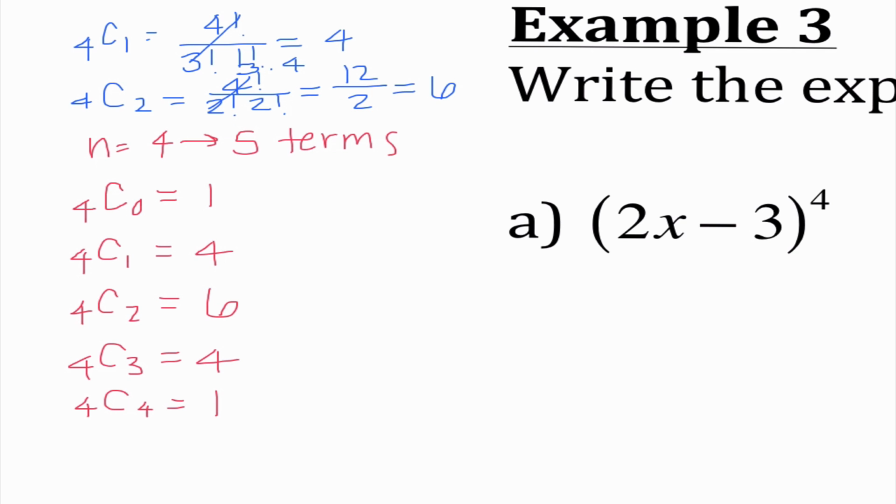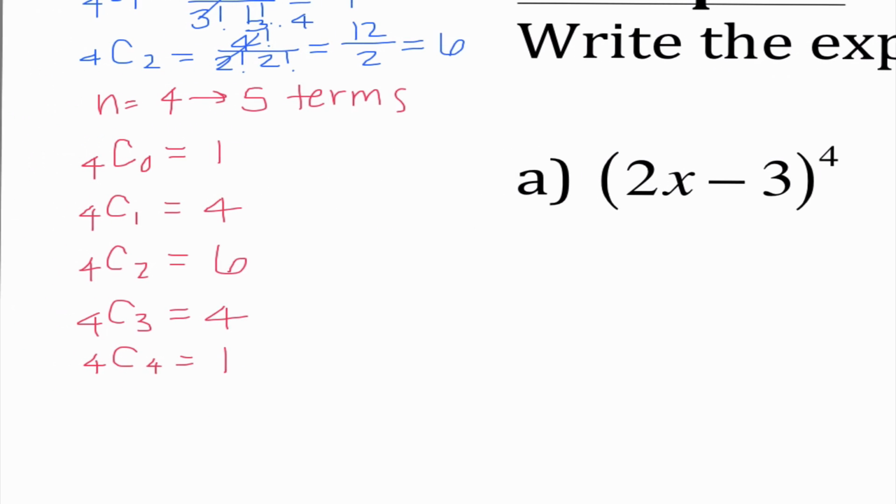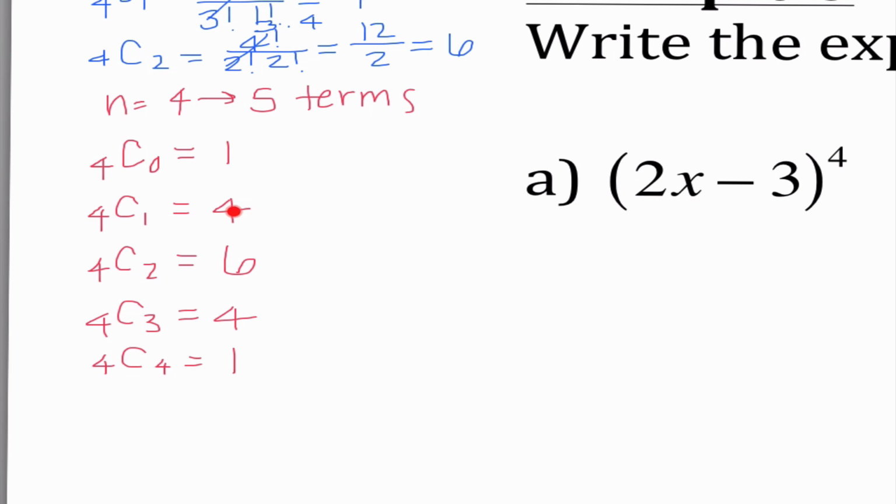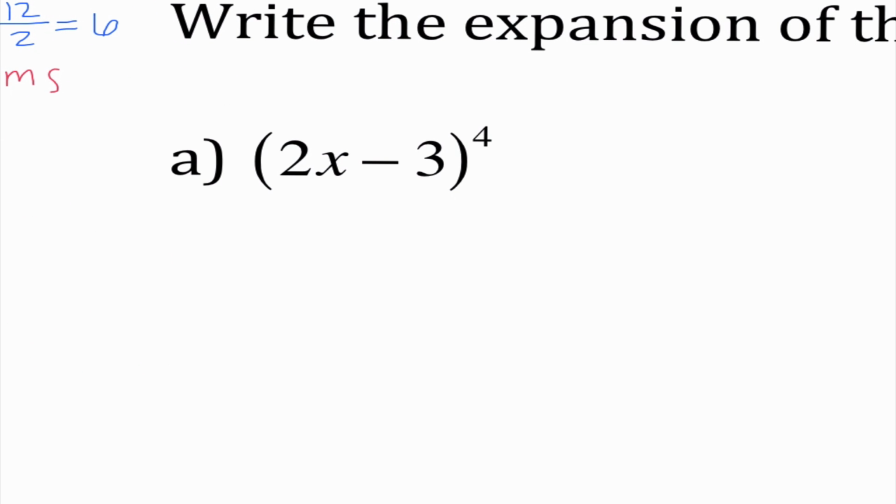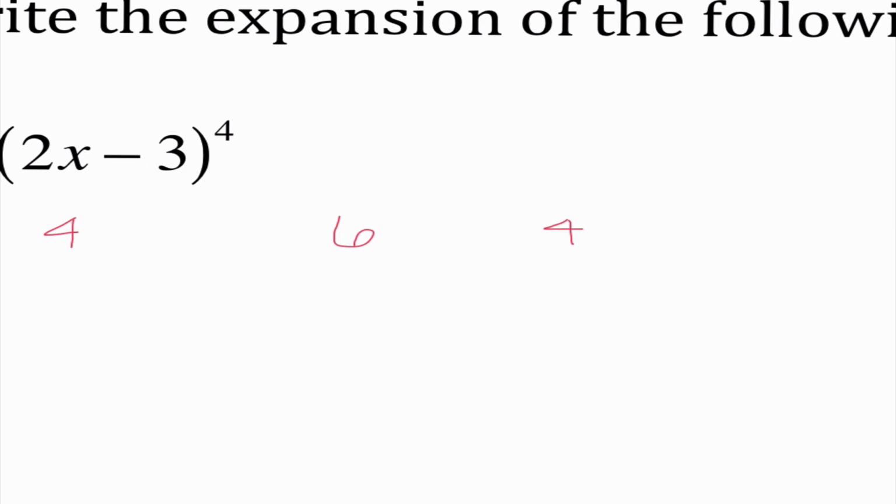Okay, and once again, we can also find these by using our calculator, which I talked briefly about, but I'm going to demonstrate that at the very end of our notes. So, our coefficients go 1, 4, 6, 4, 1. So I'm going to start here, 1, 4, 6, 4, and I'm making this one big, 1.